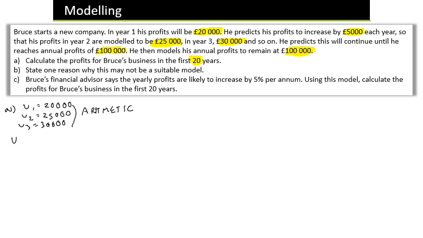So then, to find the nth term of an arithmetic sequence, we use this formula. Then let's substitute in. A is the first term, so 20,000.